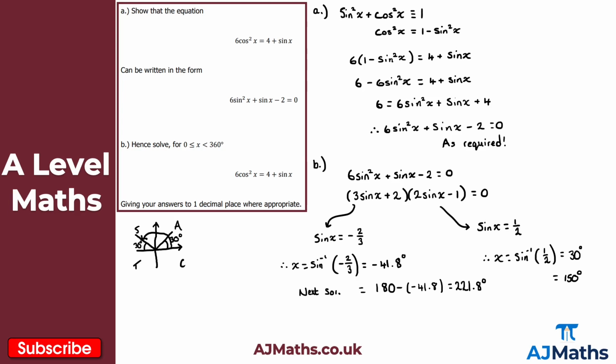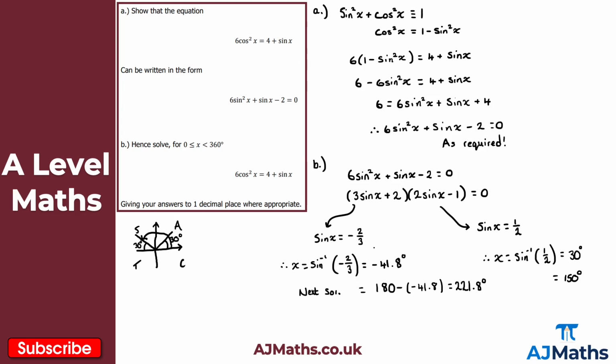Well, we need to be slightly careful. Because this angle here is negative, like we said before, we know that sine is periodic every 360 degrees. So my next solution here would come from taking this angle here, -41.8, and adding 360 degrees to that.